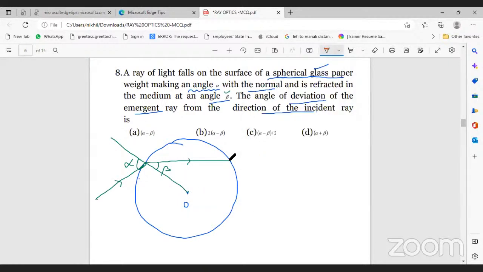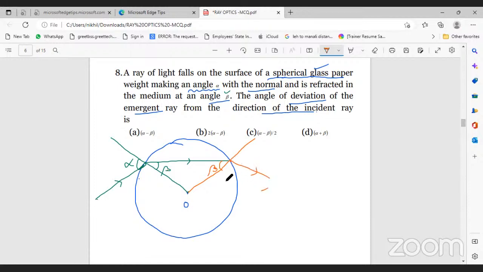Now this refracted ray is incident on the other side of the sphere, right? So this is the normal. This angle must be equal to what? The angle of incidence for the second surface. This is same as this, right? And it undergoes refraction here.